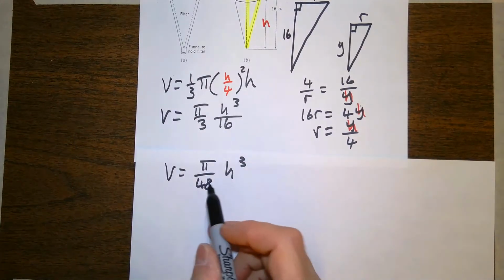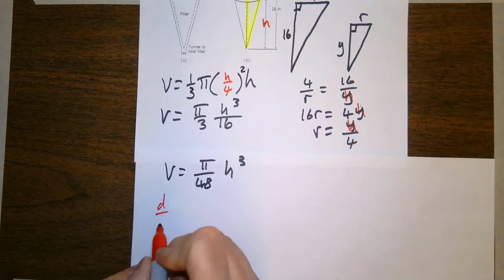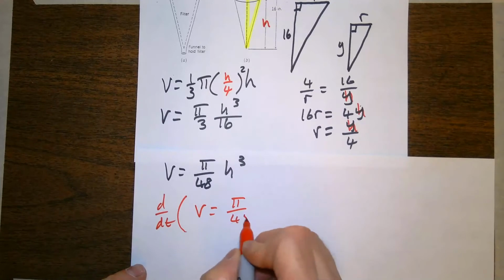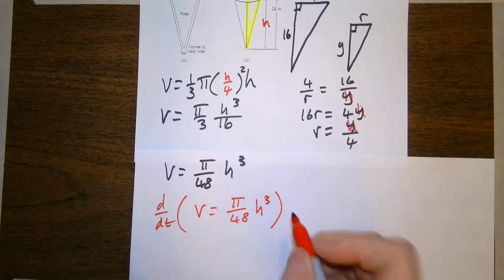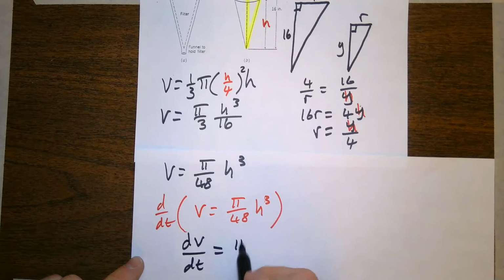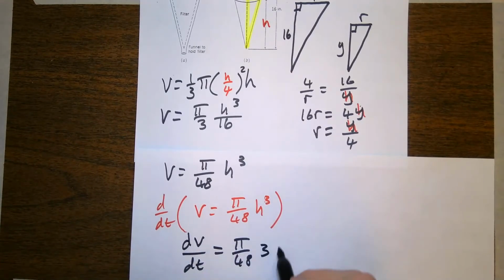All right, so now if I take the derivative with respect to time, I'm going to get the rate of change of volume over time is pi over 48 here times 3h squared dh dt.